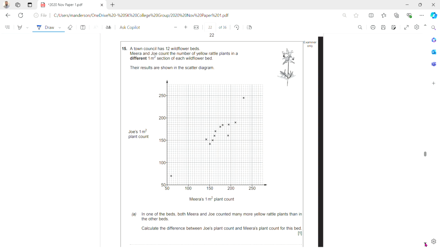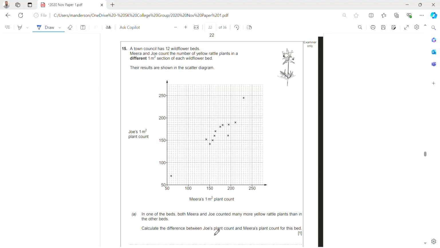Town Council has 12 wildflower beds. Mira and Joe count the number of yellow rattle plants in each different 1 square metre section of the flower beds. The results are shown on the scattergram. Okay. One of the beds both Mira and Joe count many more yellow rattle plants than in the other beds.